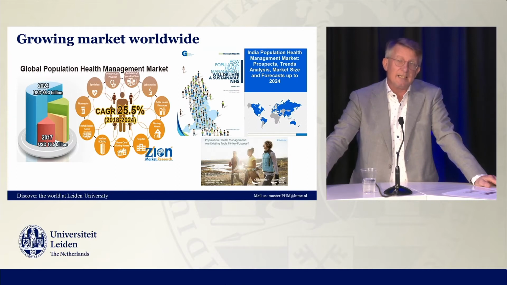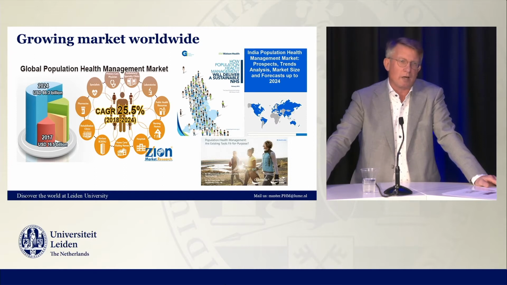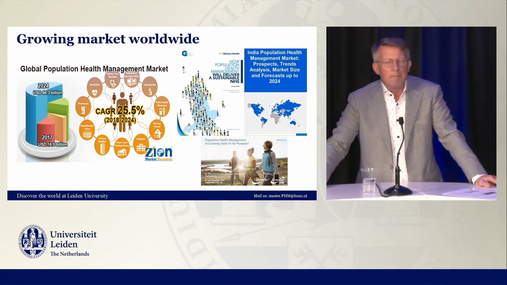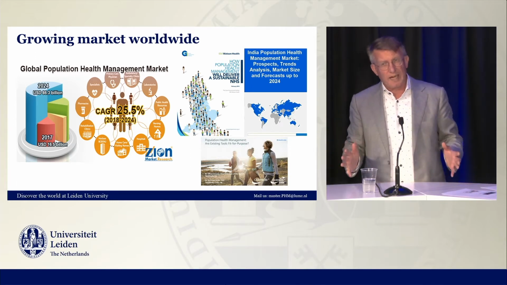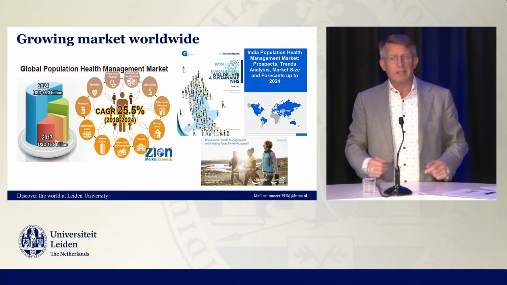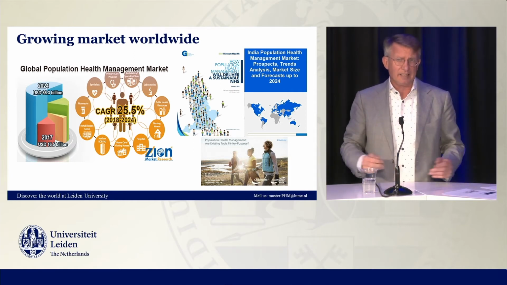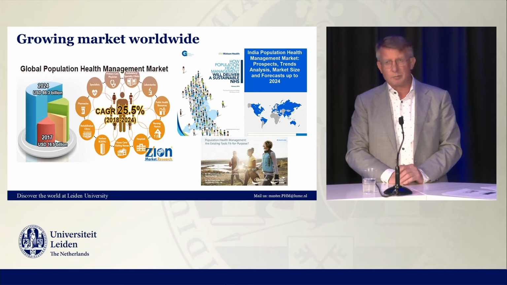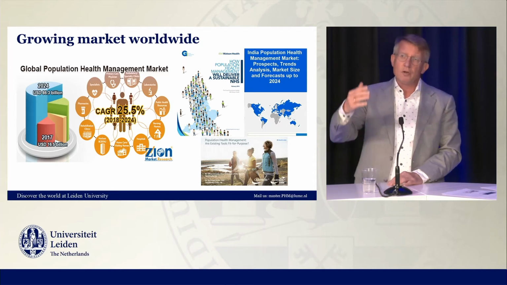And we see, and this slide shows, that it is a growing market worldwide. It is maybe not so familiar yet in mainland Europe and in the Netherlands, but if you look at the UK and the US, it is growing quite rapidly in the NHS and in the accountable care organizations in the US, but also in India.